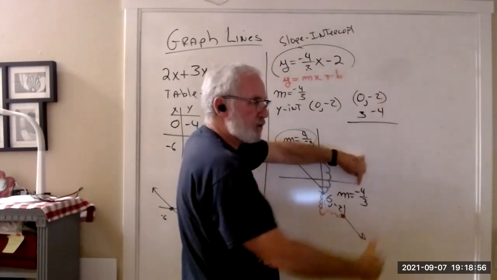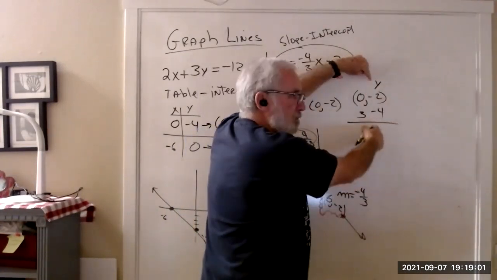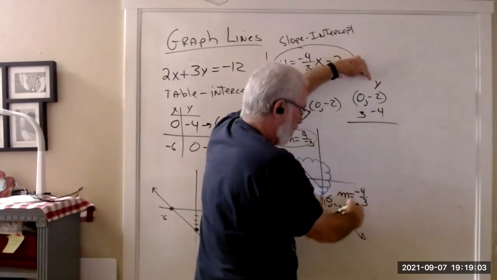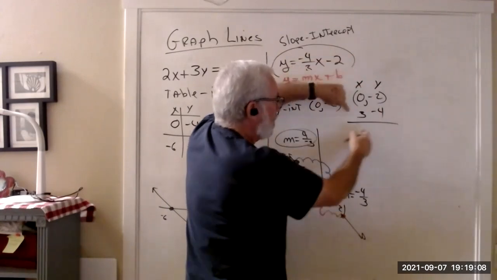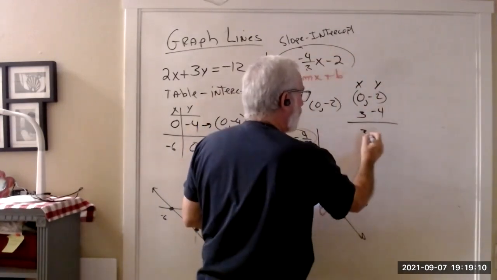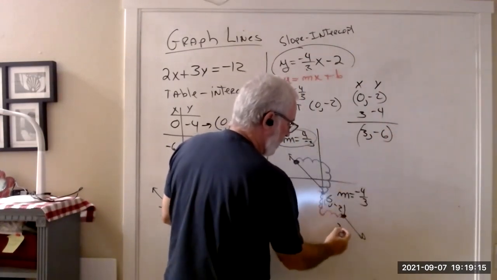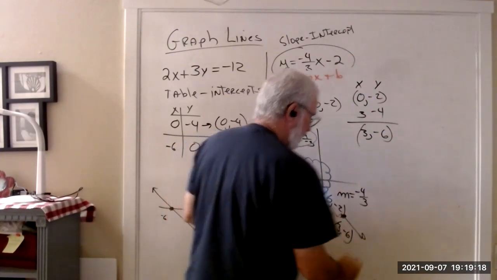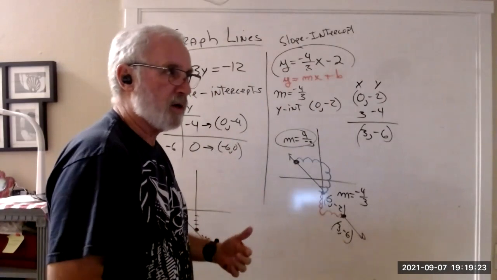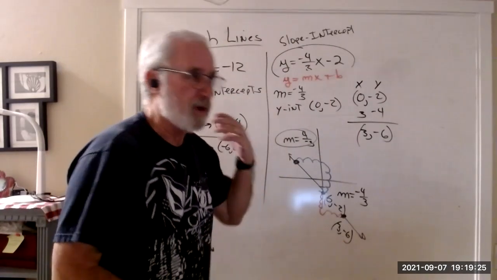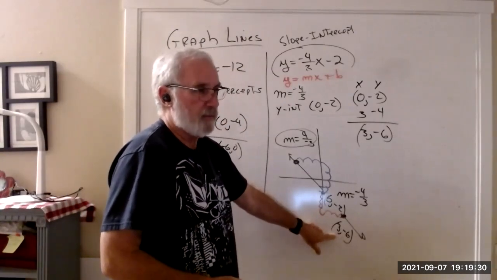When you rise, you go up or down, changing the y value. When you run, you go sideways, changing the x value. So my new point will be (3, -6). Some of mom's questions will ask you to identify that new point, not just plot it, but tell me the coordinates. At the very least, you have to know it.